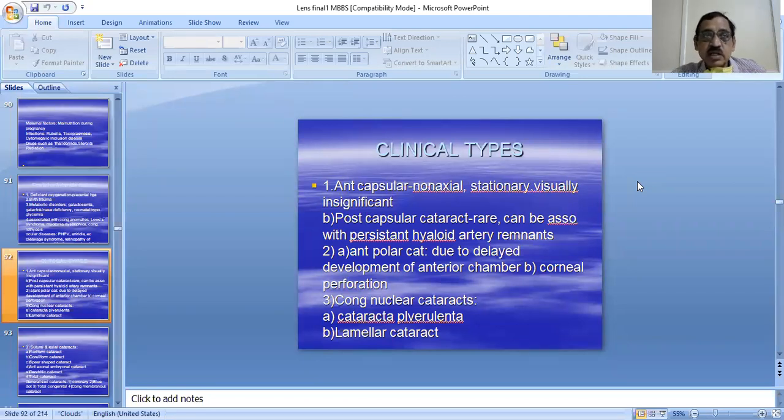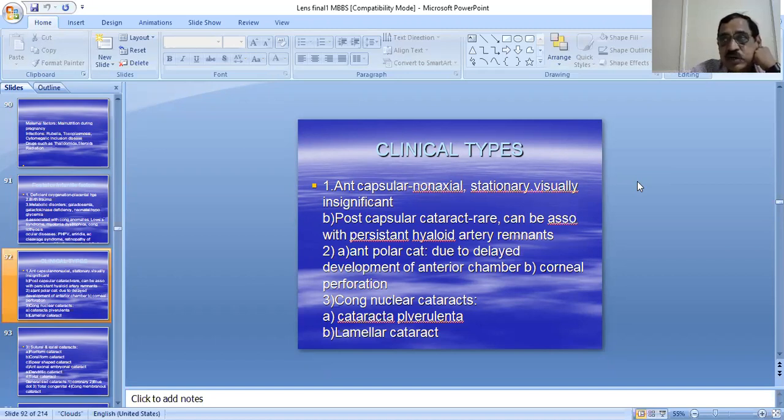Whenever the cornea gets perforated because of ophthalmia neonatorum, the anterior capsule comes and touches the back of the cornea, and that can give rise to an anterior polar cataract. These are the two causes for anterior polar cataract.